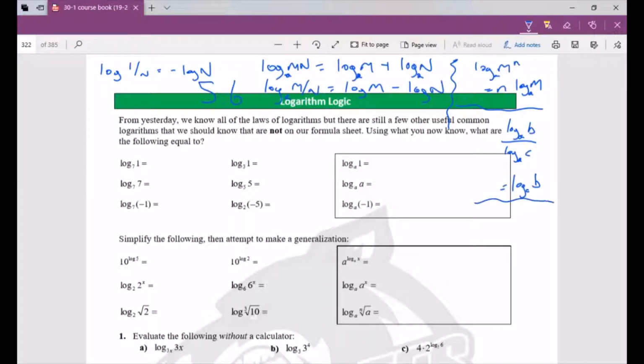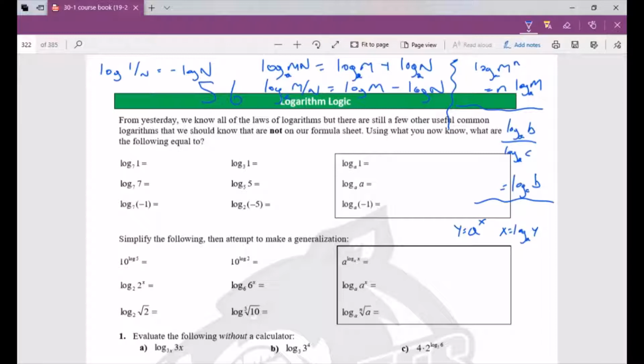The last piece that I just want to mention is it also tells us on your formula sheet y is equal to a to the x is equivalent to x equals logarithm of y base a. And the critical piece when looking at those two things is that a is the base of the exponent.